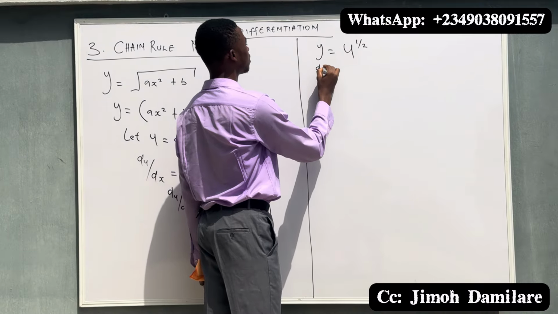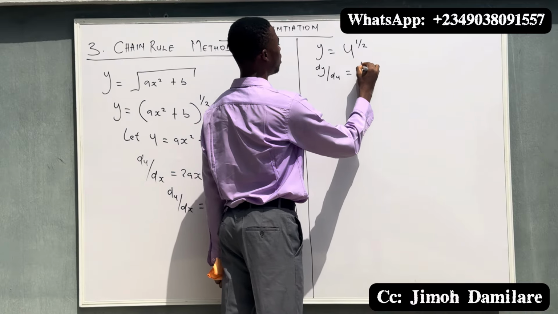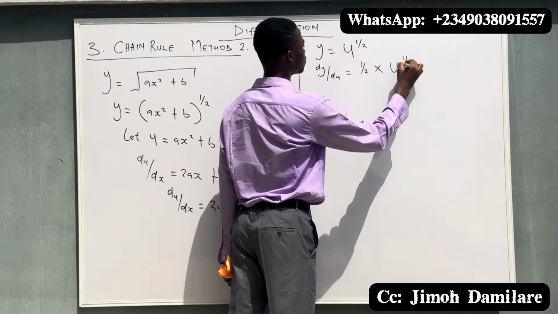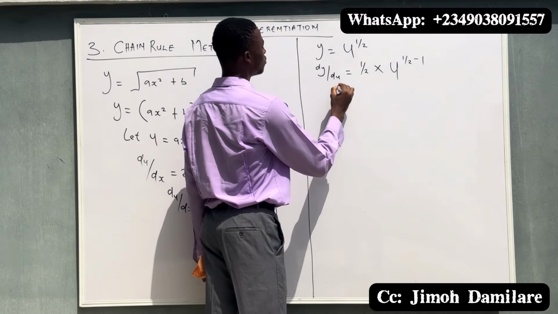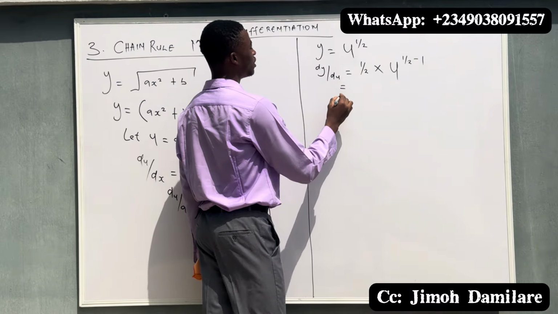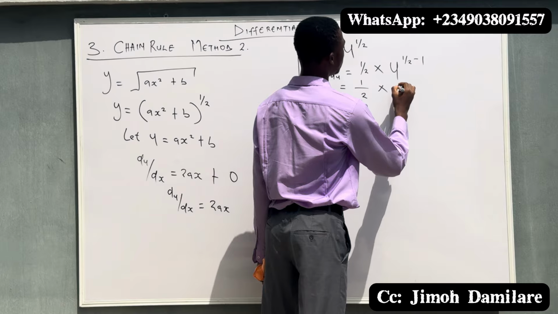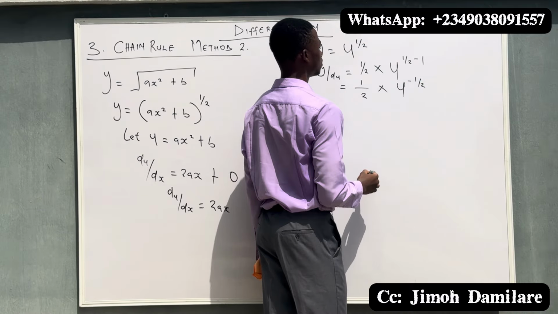So we have dy over du to be equal to, the power will come to the front, which is 1 over 2 multiplied by u raised to power 1 over 2 minus 1. So the power will be subtracted by 1. So we are going to have dy over du as 1 over 2 multiplied by u raised to power minus 1 over 2.